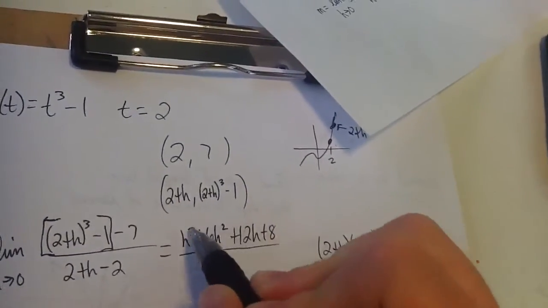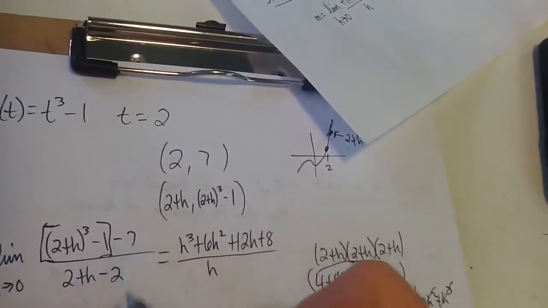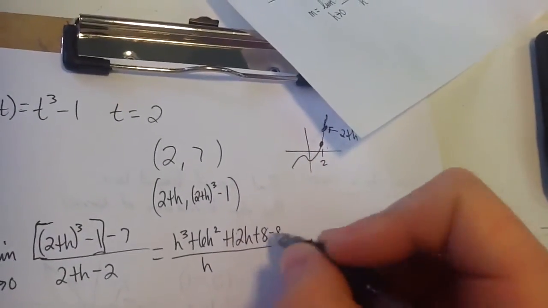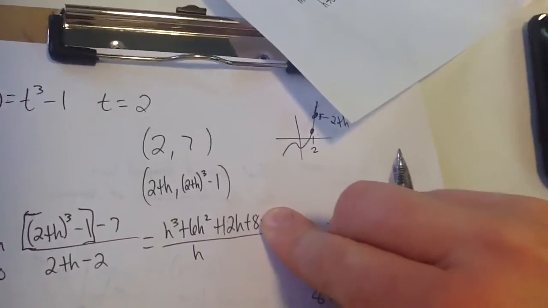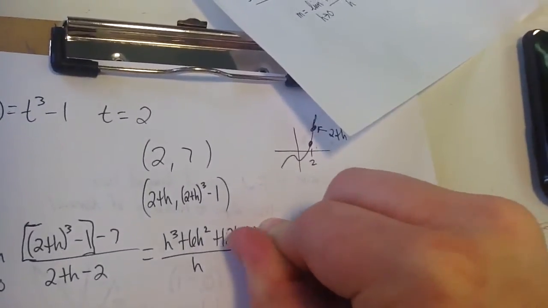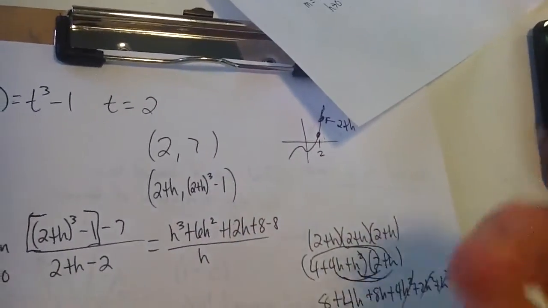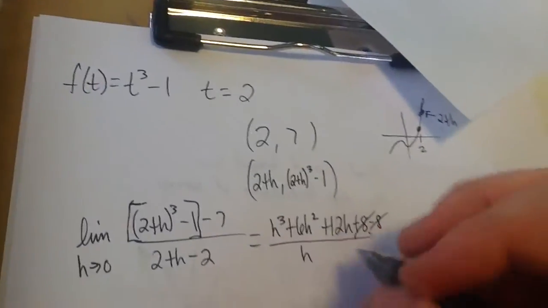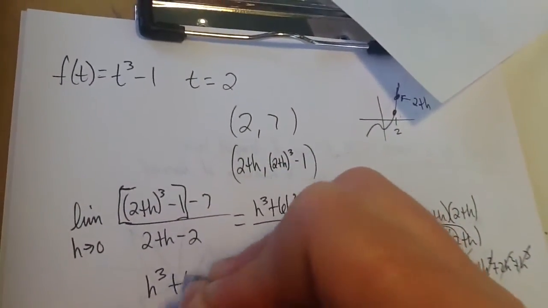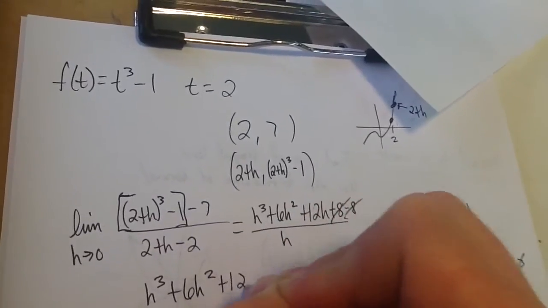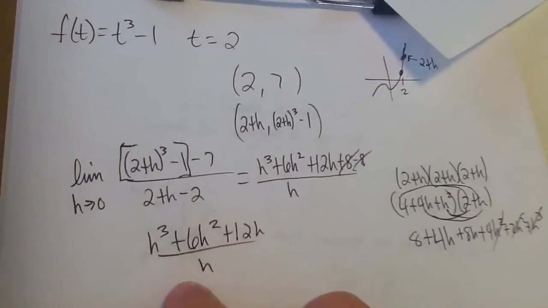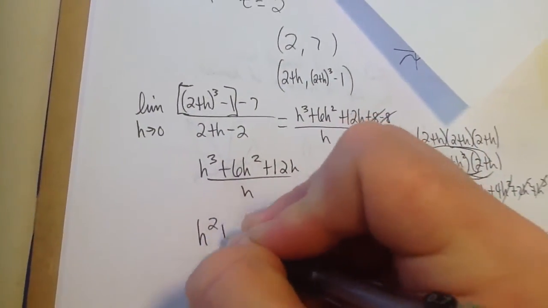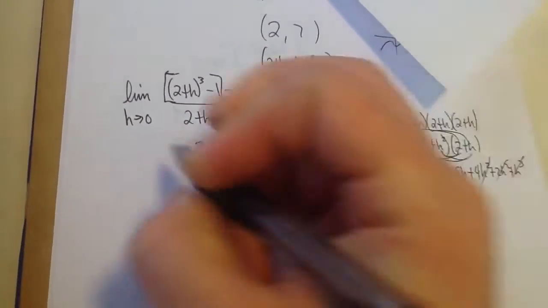There's that. But I still have minus 1 minus 7. So minus 8. That should always happen. The reason I knew something was wrong is because I had that plus 8 there and I couldn't divide out the h. You'll always be able to divide out an h at the end when you do this. Plus 8 minus 8 is 0. So there we go. I got h to the third plus 6h squared plus 12h over h. Divide out the h. So I got h squared plus 6h plus 12.